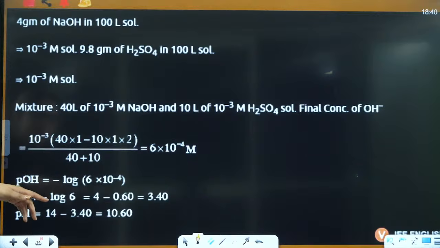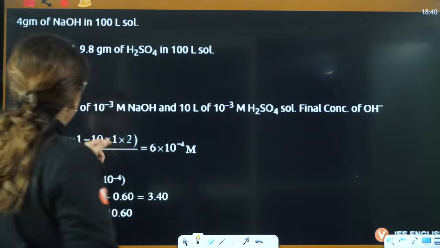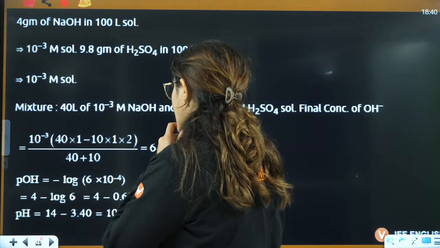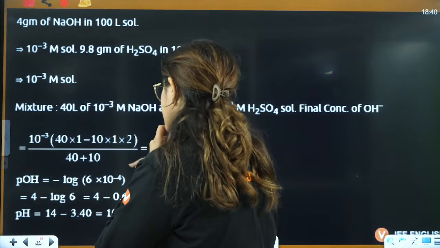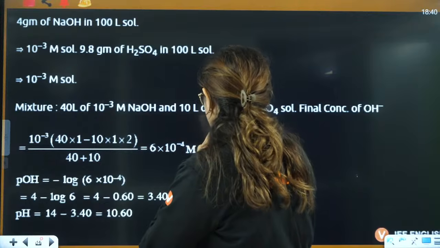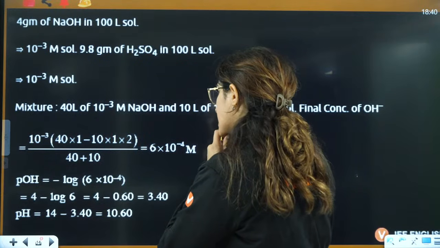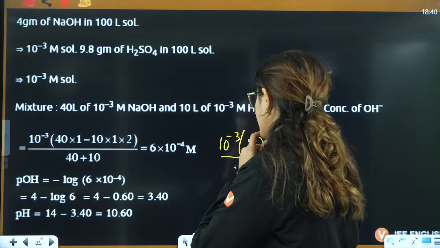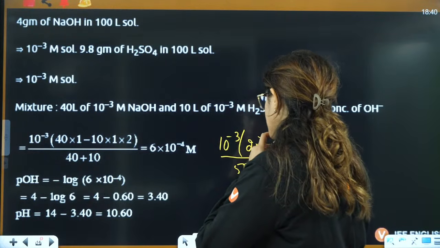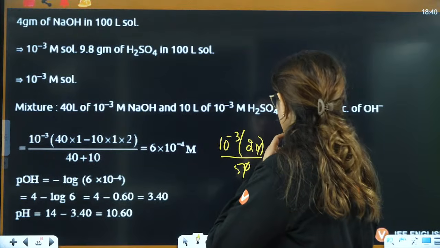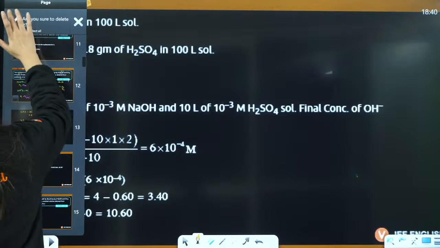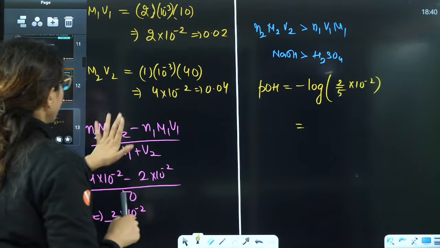40 minus 20 is going to be 20 into this. Wait a minute, some calculation mistake is there. If I say 10 raised to power minus 3, 40 minus 20 is 20. This is going to be 50. This will cancel. So I'll just delete it. There is some calculation mistake there.